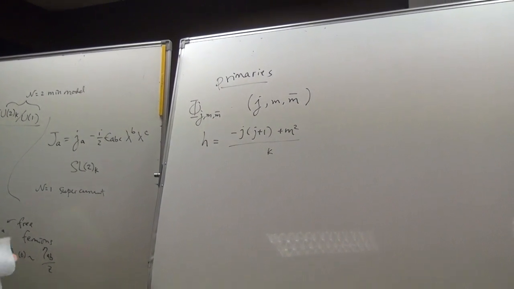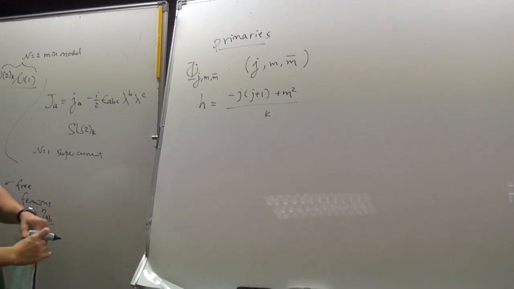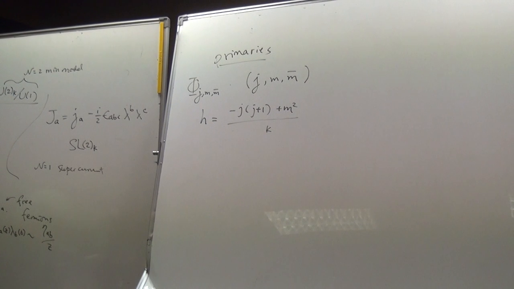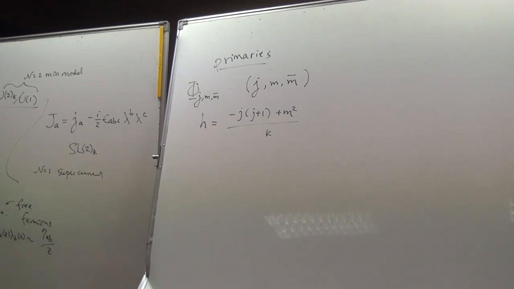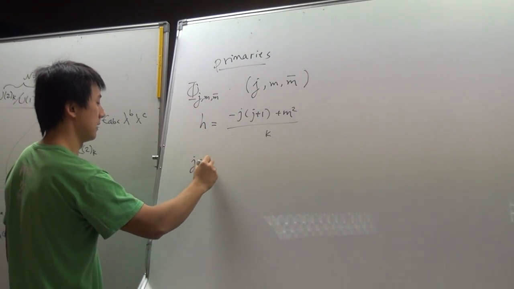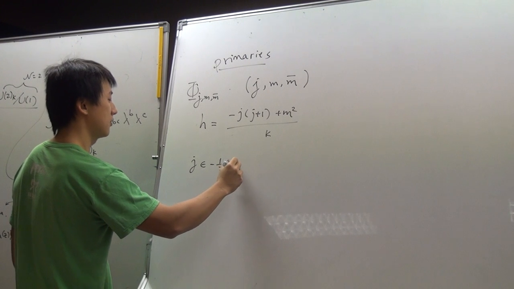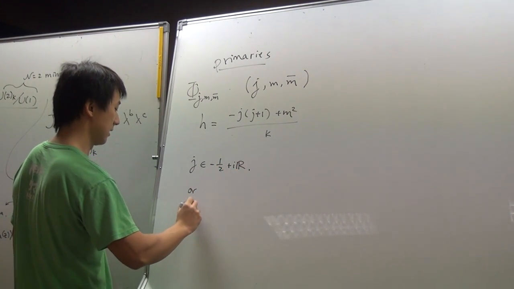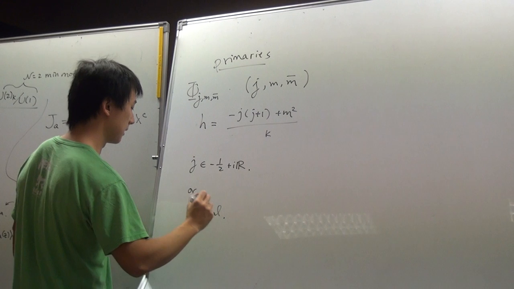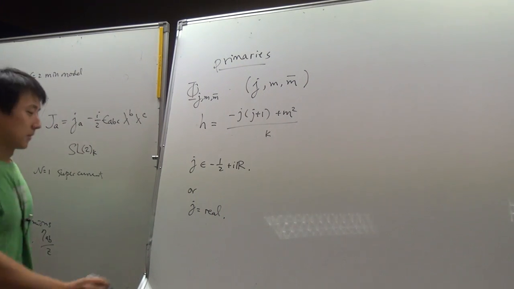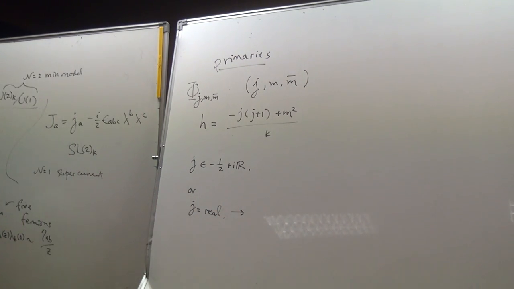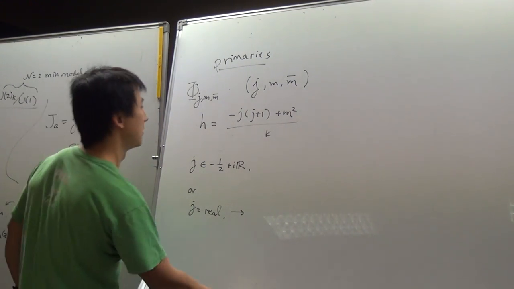Here, j can either be minus 1 half plus a purely imaginary number, or j could be real, but if j is real, then a priori these are just entirely non-normalizable vertex operators. Sorry, so that's wrong.